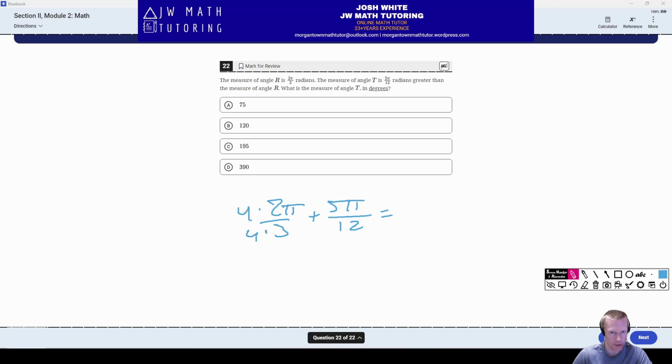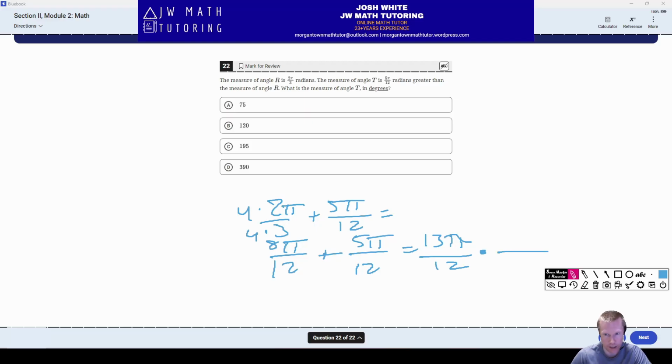Let's multiply it by 4 to get a common denominator. That's going to give us 8 pi over 12 plus 5 pi over 12, which is 13 pi over 12. The problem is these answers are all in degrees, so now you have to convert this to degrees. This is in radians, so you need radians on the bottom and degrees on the top: 180 degrees over pi radians.